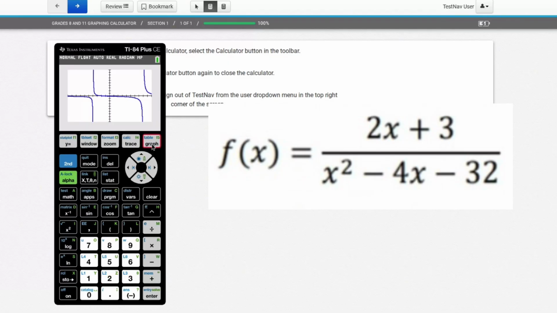Let's graph that. All right, so we have explosions happening at specific places, at negative 4 and all the way over here at what appears to be 8. Now, what I care about is not so much these explosions, I care about the end behavior.